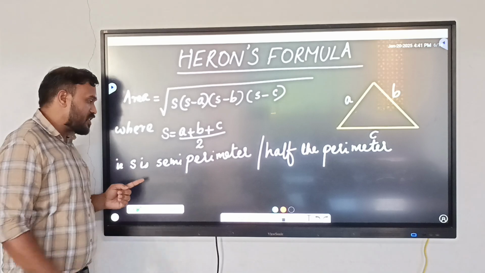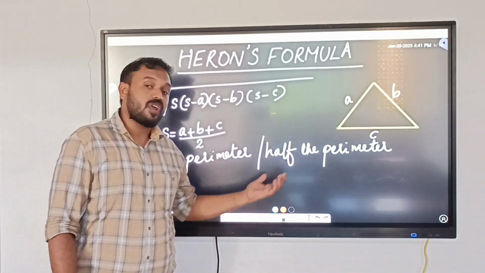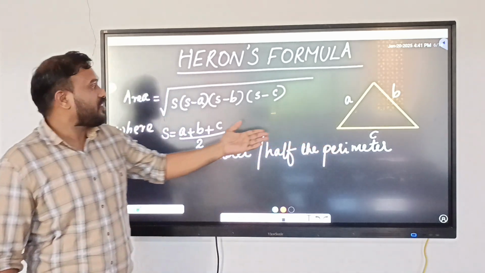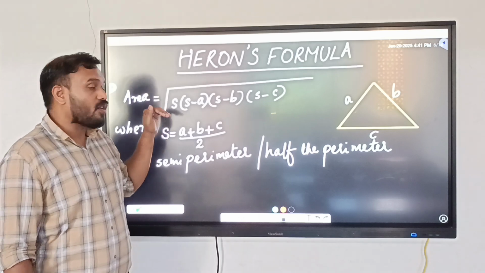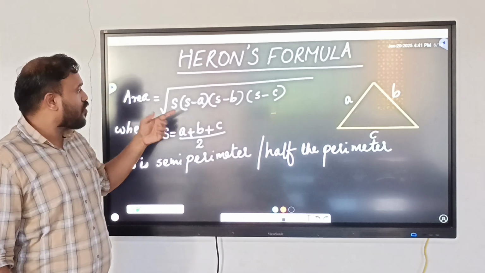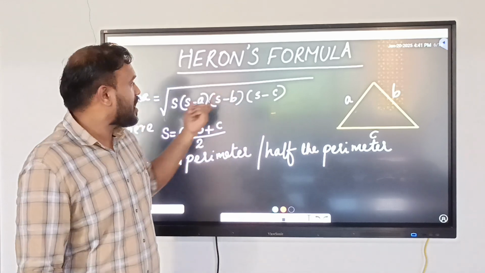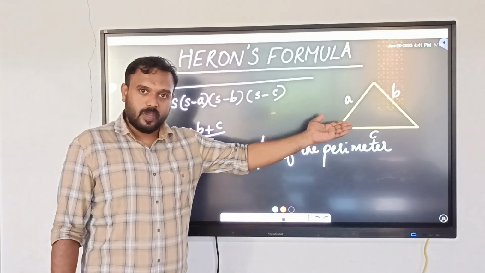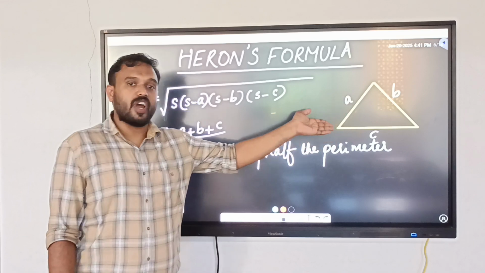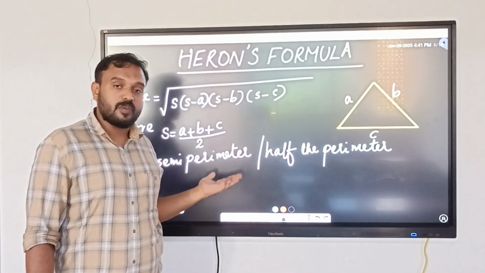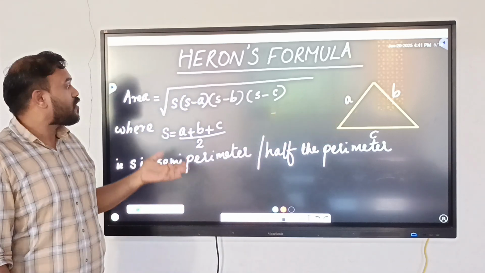That is, S we can call the semi-perimeter or half the perimeter. So this is Heron's formula, where S is half of the perimeter.